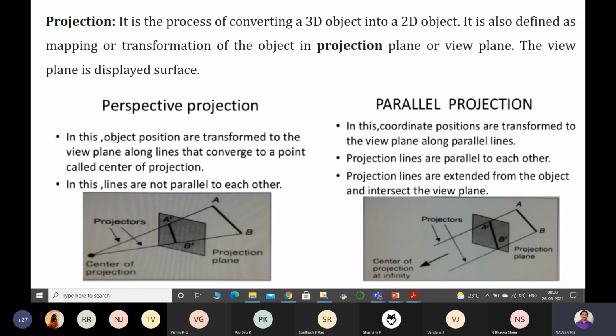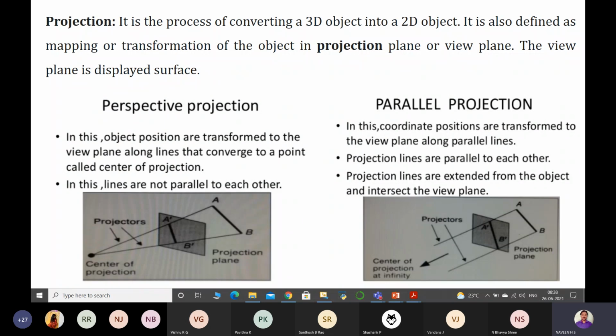Whatever we see through our eyes is a two-dimensional view. But when you plan to convert a three-dimensional object onto a two-dimensional plane, the object is three-dimensional, but you portray the same object in a two-dimensional view. That conversion is called projection in general, or you can say mapping from 3D to two-dimensional viewing.